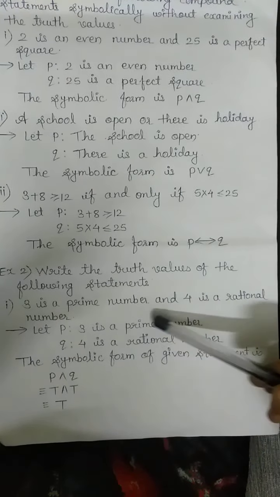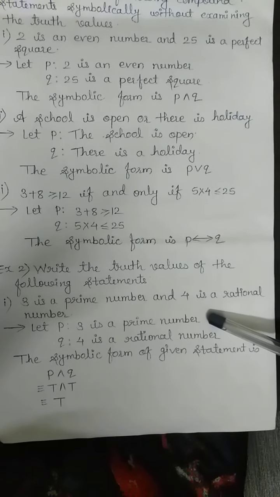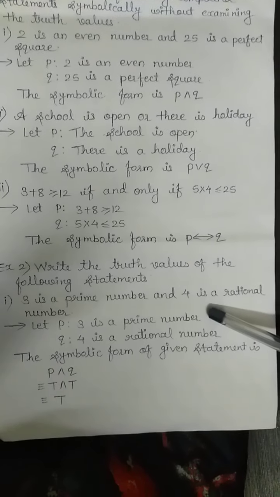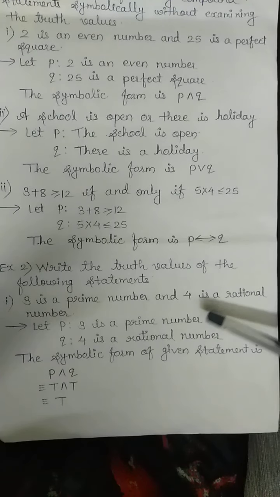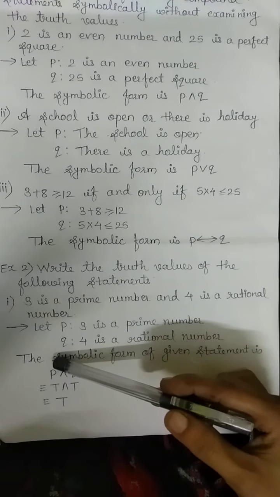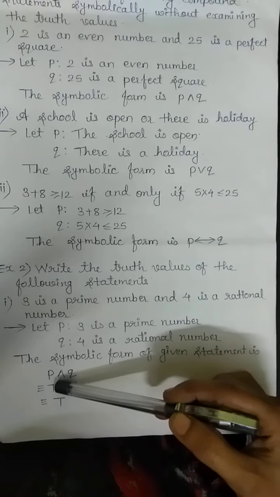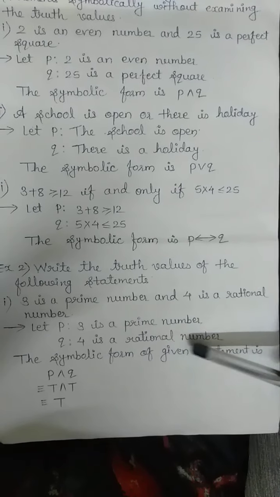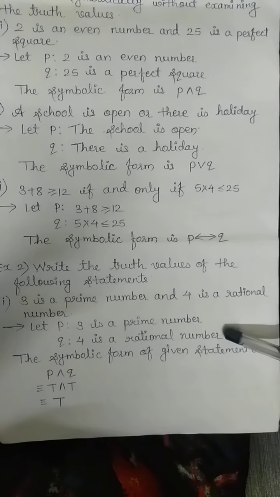Now we will check whether the first statement is true or false. 3 is a prime number, correct. That means the first simple statement is true. Therefore here at the place of P we will write T. Then 4 is a rational number. Yes, this is also correct.